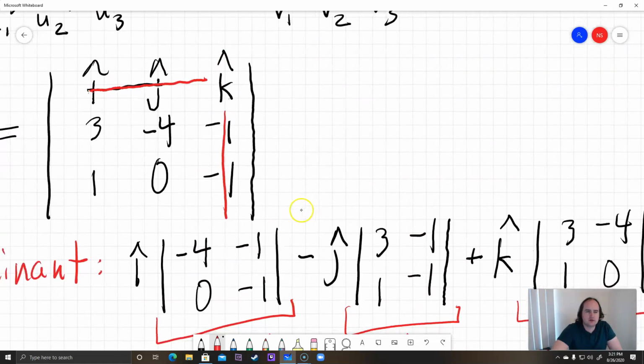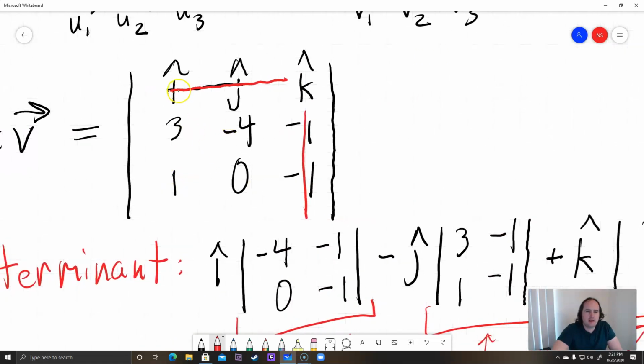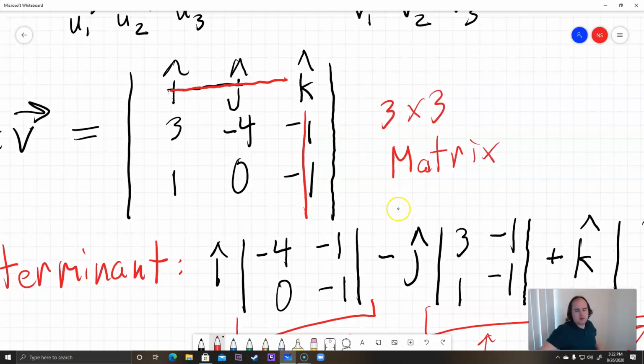The original matrix we started with had 3 rows and 3 columns, so this was called a 3x3.